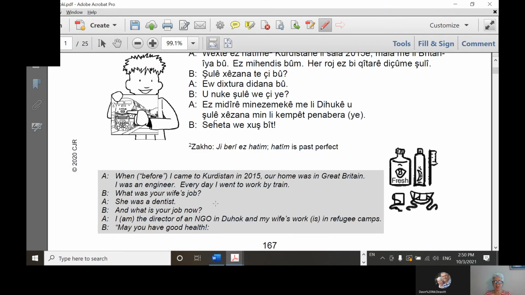Here we go. Sahata wa khushbit. That's may you have good health. You can say to them when they tell you their work that they do. You can bless them for their work by saying something like Sahata wa khushbit.